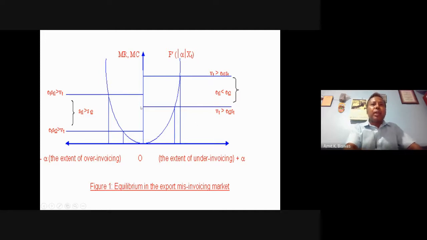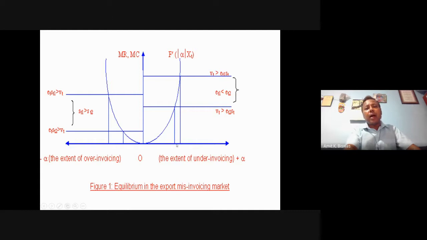This is your punishment cost, f prime, the marginal cost. And I am putting all the marginal functions here. This is your zero axis. Zero means you are honest. Going either right or left, you are dishonest. Right, you are underreporting, as I told you in this discussion, if your black market premium is more attractive than the subsidy rate.